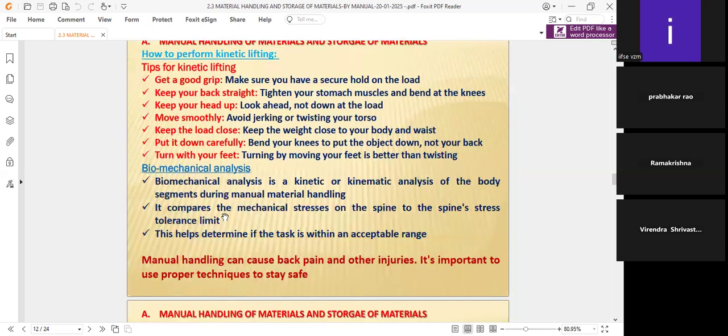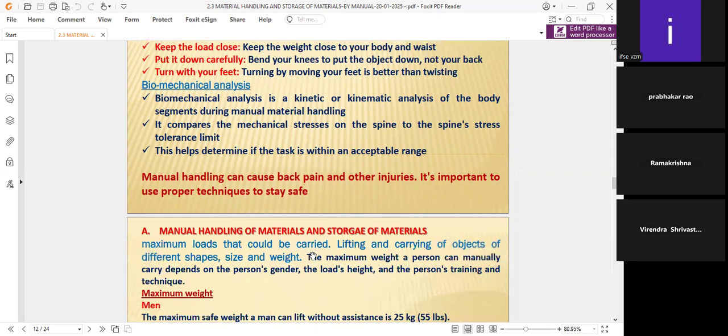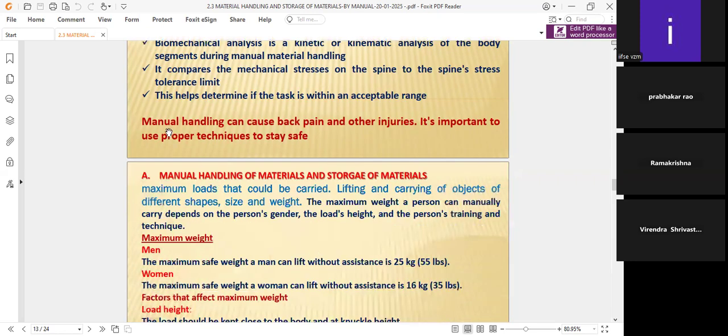It compares the mechanical stresses on the spinal cord with the spine stress tolerance limit. This helps to determine whether the task is within the acceptable range. Not only will the organs of the body be strained, but the weight should also be in an acceptable range. We will discuss this in the next slide.